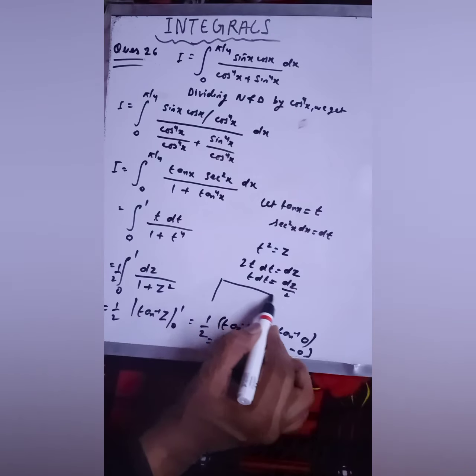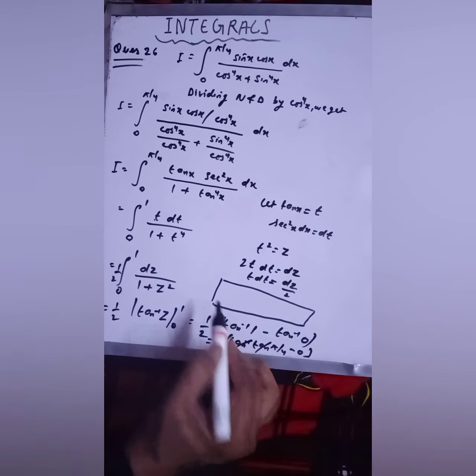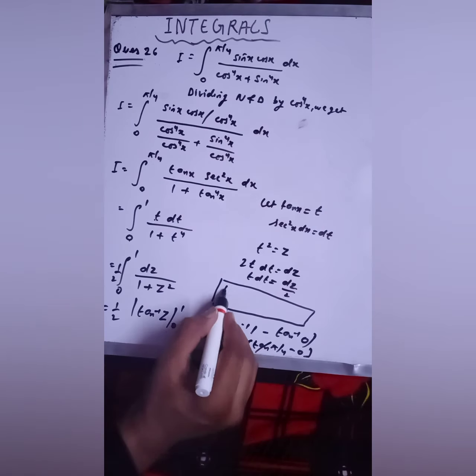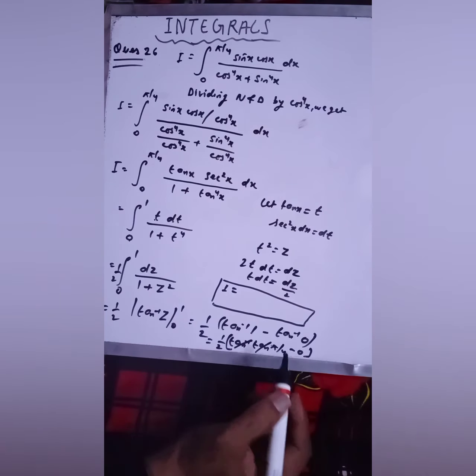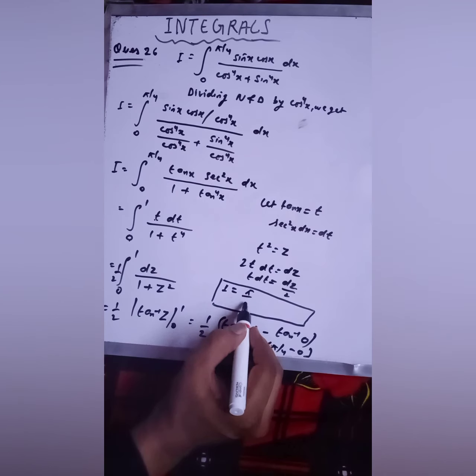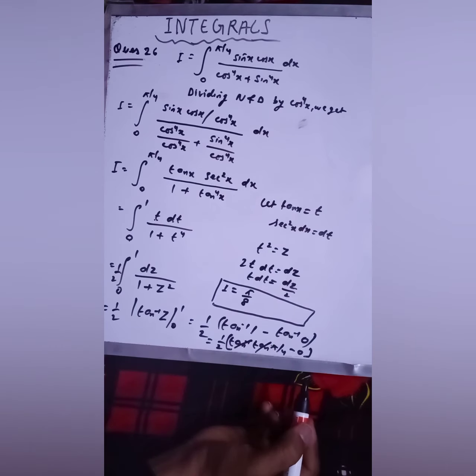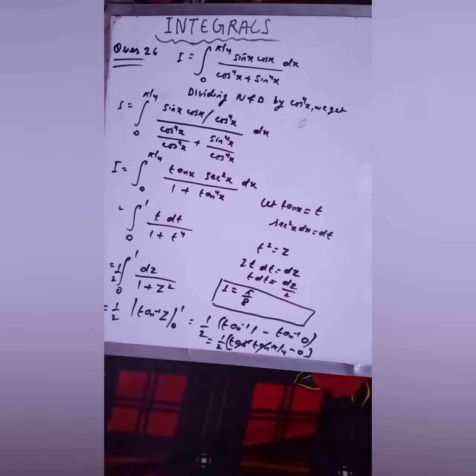Here I am writing the answer: I is equal to half of pi by 4, so the answer is pi by 8. So this is your answer to this question. Note it down, children.